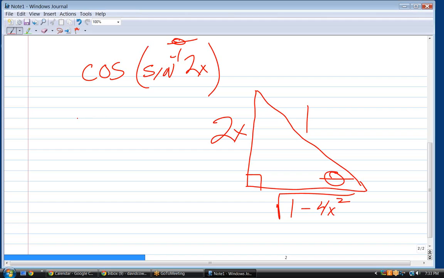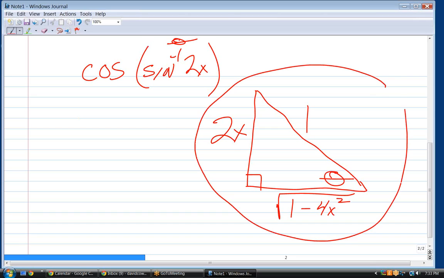Would it just be cosine equals that? Looking at that triangle, the cosine is adjacent over hypotenuse, so it would just be that over 1. There's your answer. There's no trig functions in that.